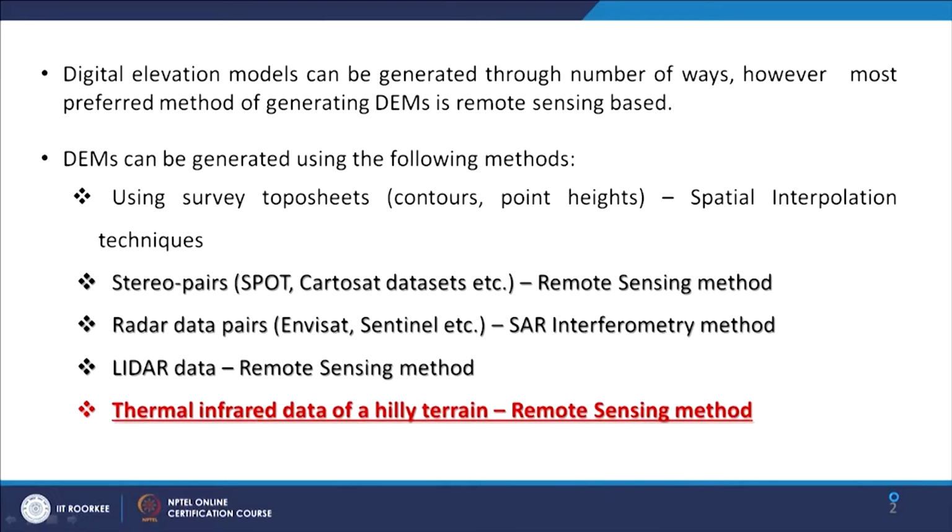And now in this discussion, we are going to focus on how we can exploit thermal infrared data, especially of a hilly terrain, for generation of a digital elevation model. Why specifically for hilly terrain? As you know, ground surveys are relatively easily possible in areas which are plain, but field based surveys in hilly terrain are really challenging, very difficult, and many areas are completely inaccessible to humans.